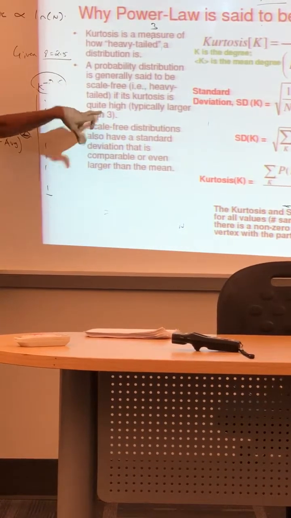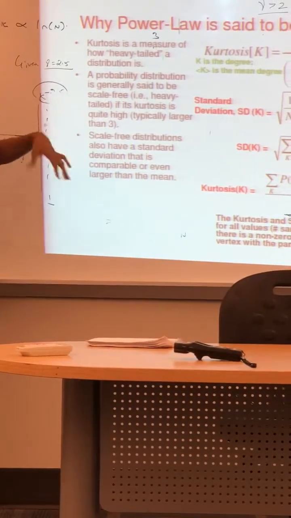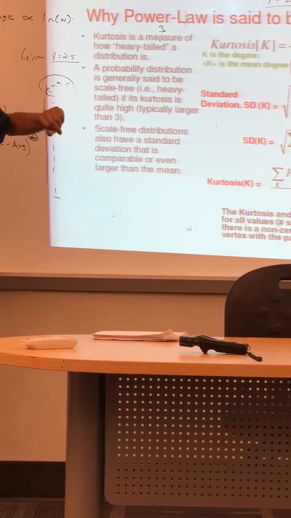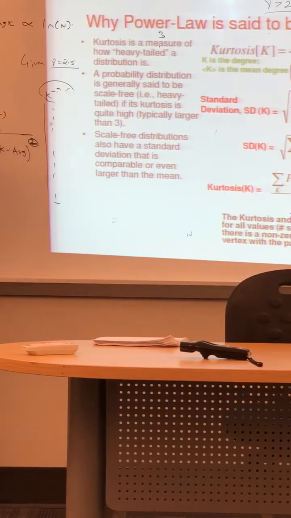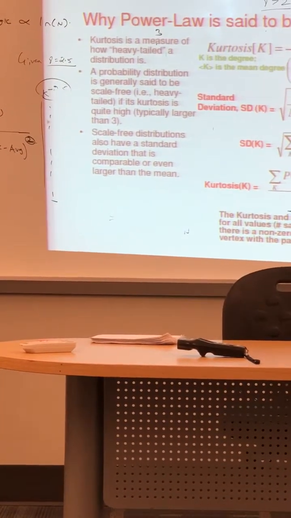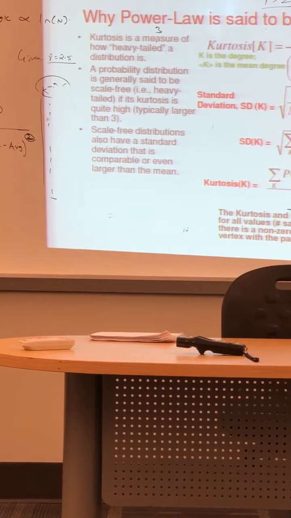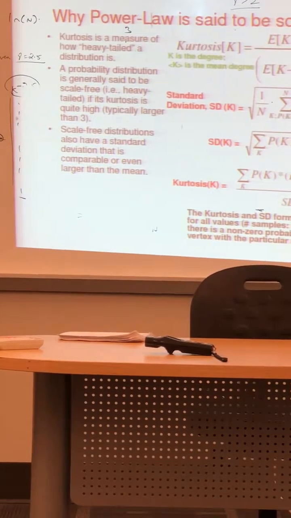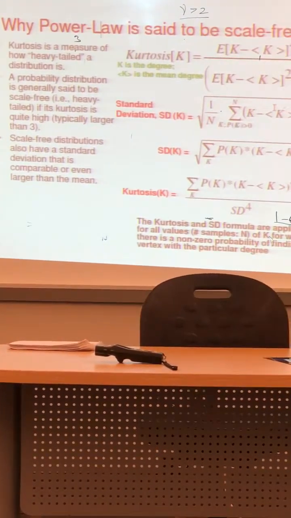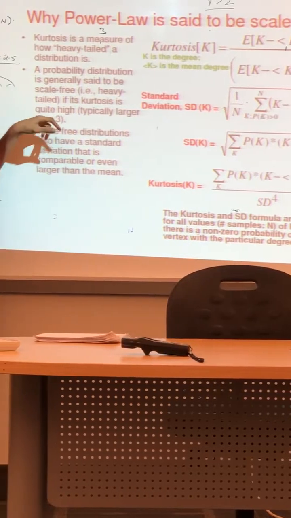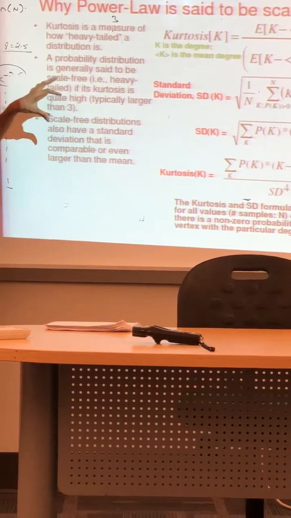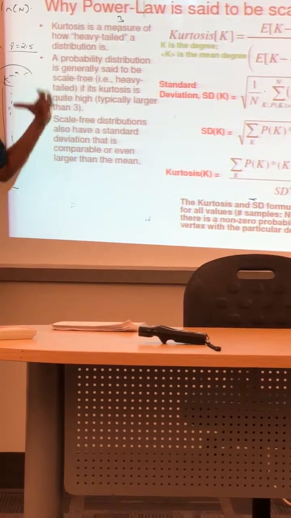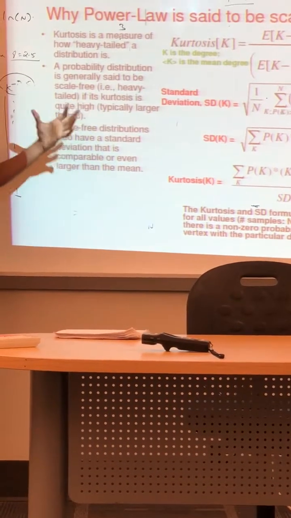If the kurtosis of a network is high, typically above 3, then we could say the network is scale-free in nature, like a randomness index. If the randomness index is close to positive 1, we say the network is more random. Like this, if the kurtosis of the degree distribution is above 3, then we can say the network is exhibiting scale-free properties or scale-free nature.